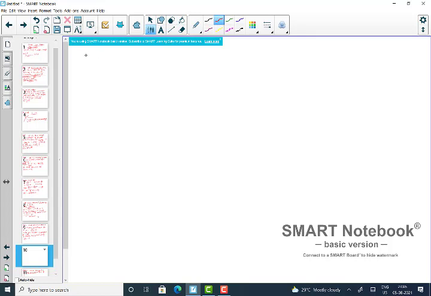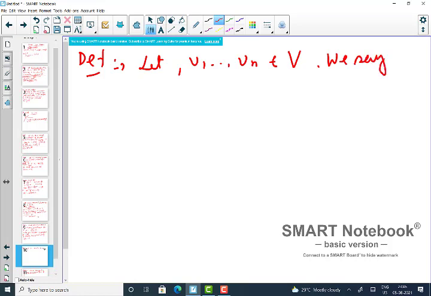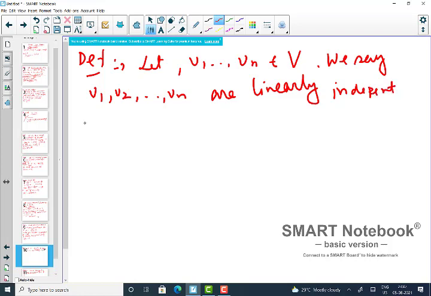So how to define it? Let v1, v2, ..., vn be n elements inside V. We say v1, v2, ..., vn are linearly independent over the field if any nontrivial linear combination of them will never be zero.